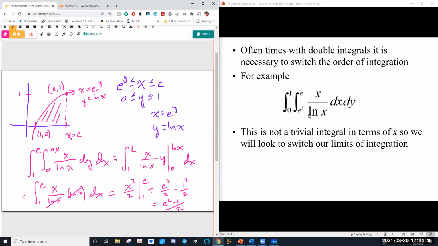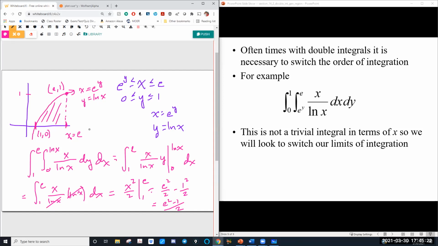In fact, if I give you something like this, it'll say in the problem, switch the order of integration, then calculate the integral. Because we could throw this into Wolfram Alpha or Symbolab, and it'll probably come up with an answer for us. What we're doing is trying to see if we can calculate some of these by hand. So what you do in this case is you draw out your region, find the inverse of your boundary, and then you can switch the order.